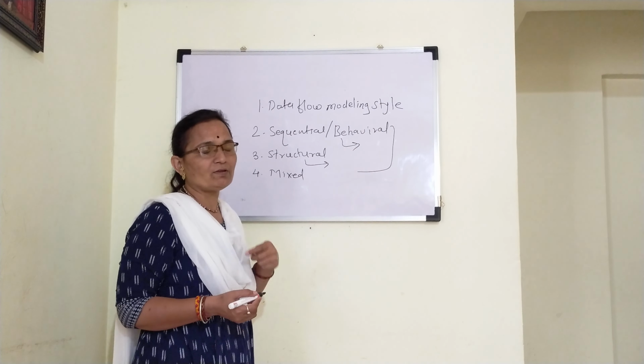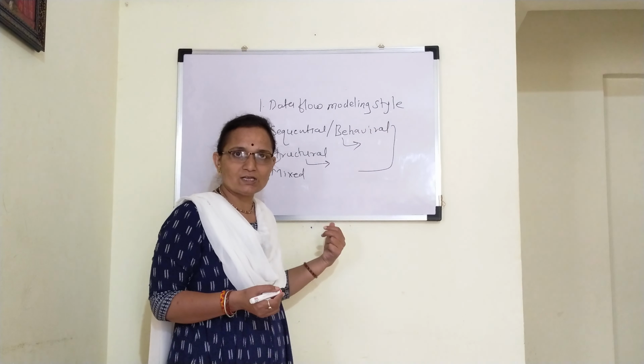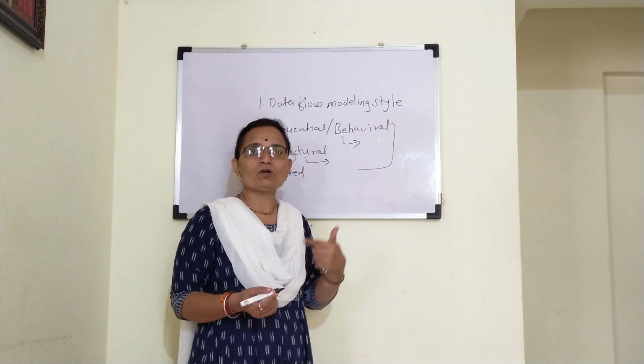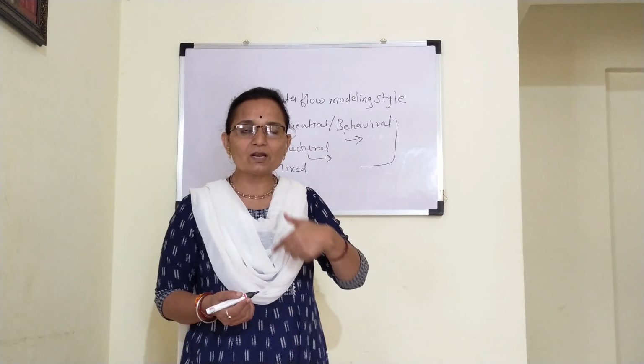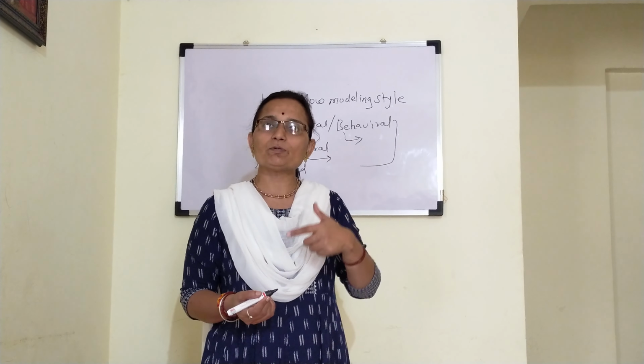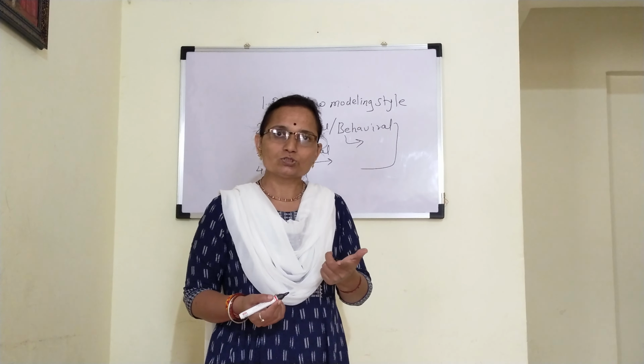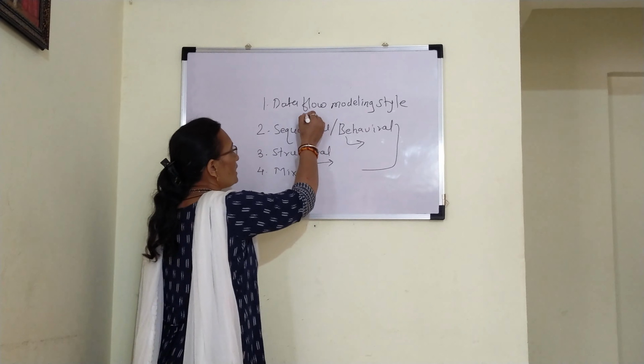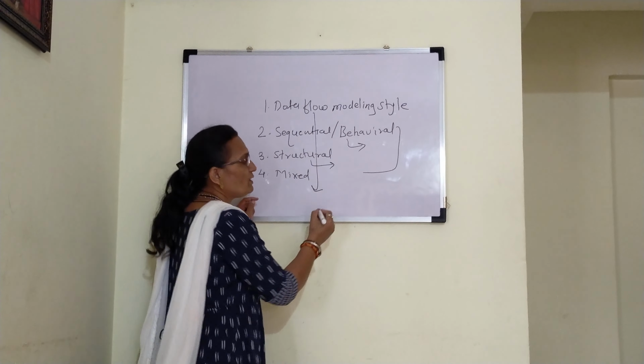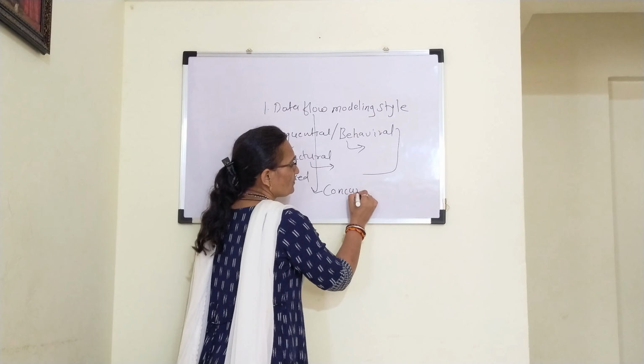We just discussed the modeling style. Modeling style means how we write the architecture, how we write the logic of the system. For that purpose we need statements. For the data flow modeling style, we need concurrent statements.